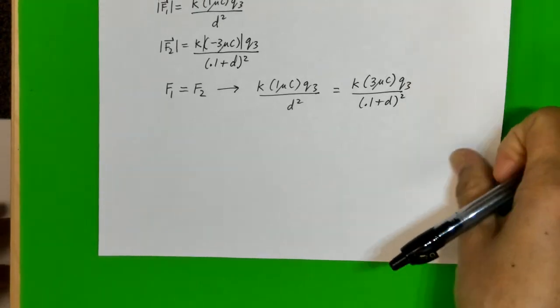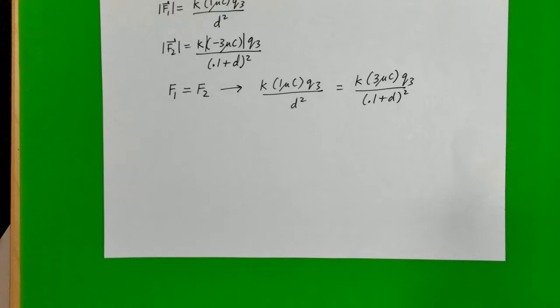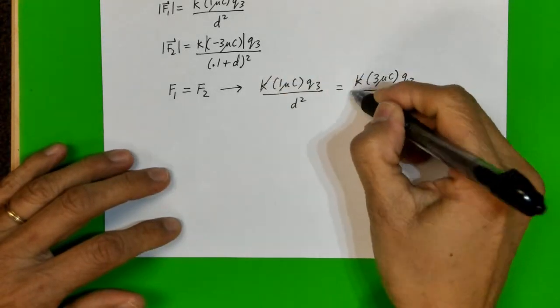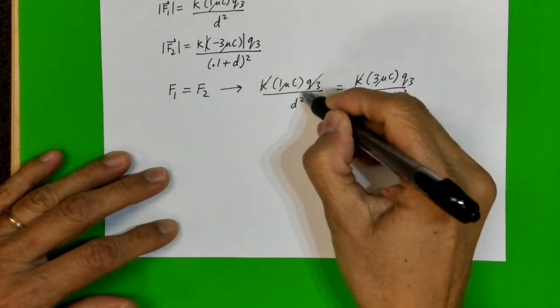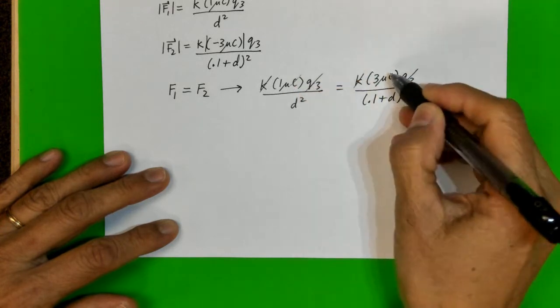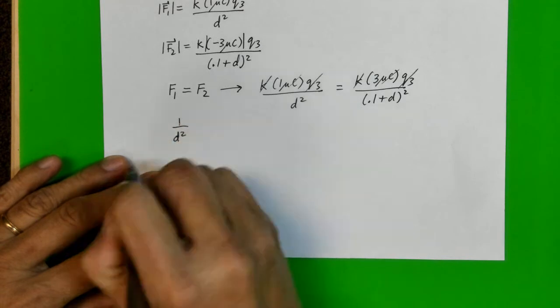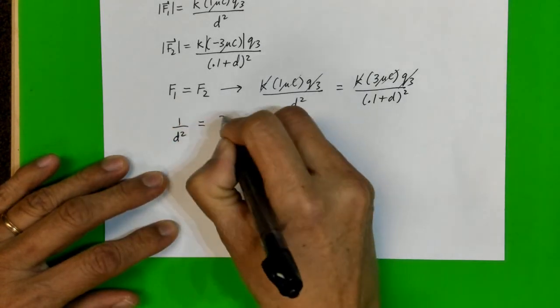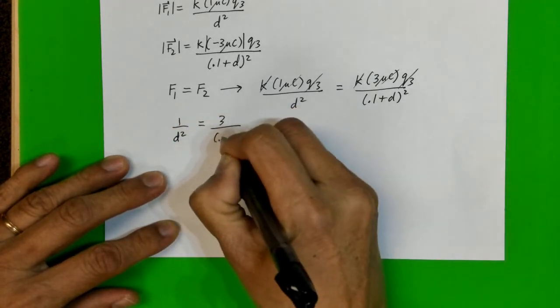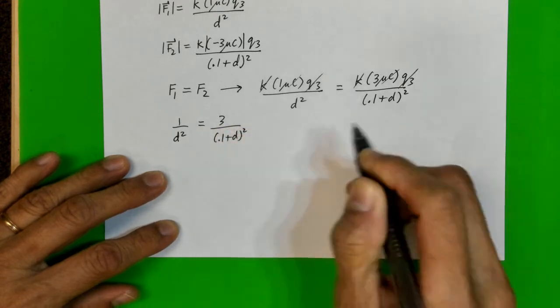Okay. All right, now what you want to do is simplify this equation. So clearly the K's cancel each other, the Q3's cancel each other, the microcoulombs cancel each other, and simplifying you get 1 over d squared equals 3 over 0.1 plus d quantity squared.